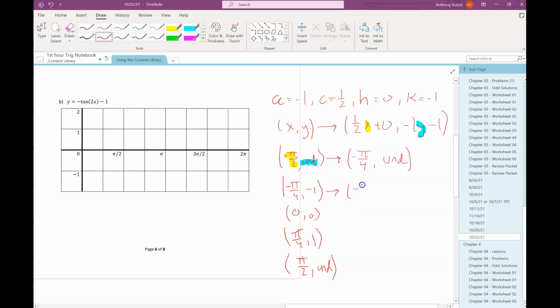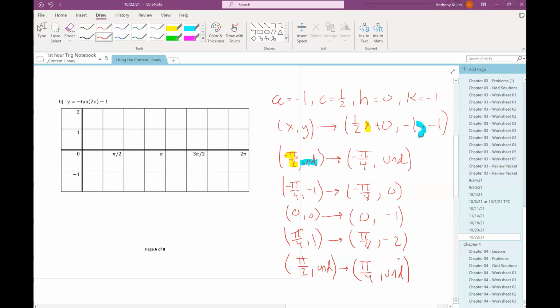And then that gives me negative pi over 8. And then 0. And then that's 0 and negative 1. And then we have positive pi over 8. And then negative 2. And then positive pi over 4 and undefined.